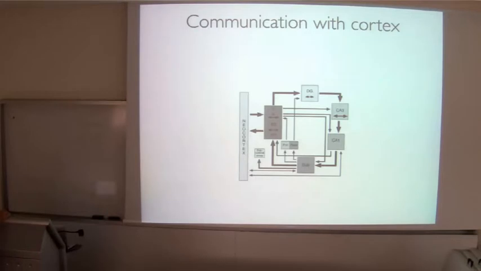Okay, all in all, the circuit is something like that. You have the entorhinal cortex talking to the dentate gyrus, talking to CA3, talking to CA1, talking to the subiculum, talking back to the entorhinal cortex in different layers. So layers 2 and 3 are talking to the dentate gyrus, and the output of the hippocampus is going to layers 5 and 6 of the entorhinal cortex. And the entorhinal cortex is communicating with the neocortex.